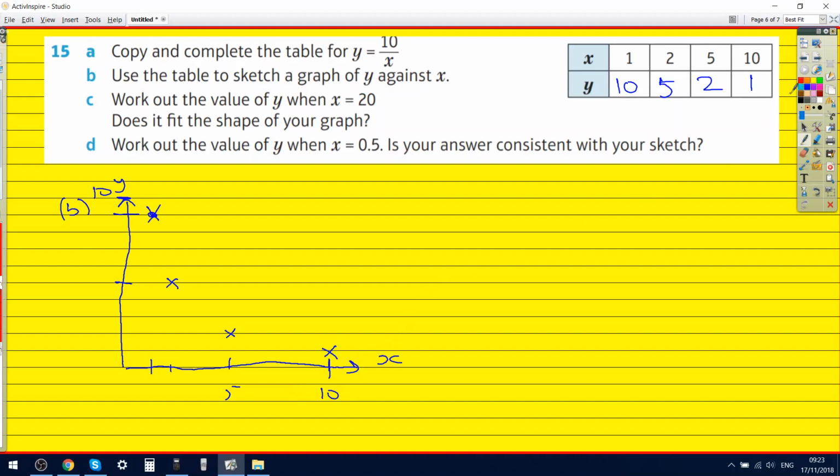Okay, and then how would you use that to make a sketch? Would I draw a curve starting from 10 going down to the bottom? Yeah. Okay, how about part C?